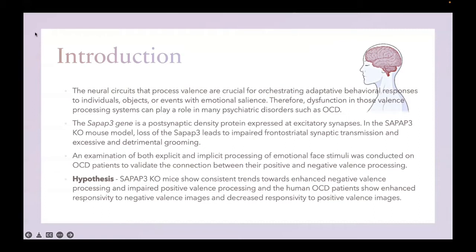The SAPAP3 knockout mice show consistent trends towards enhanced negative valence processing and impaired positive valence processing. And the human OCD patients show enhanced responsivity to negative valence images and decreased responsivity to positive valence images.